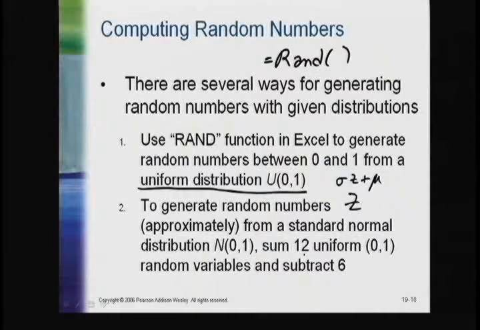If I generate 12 uniform variables, say using the rand function, add them up and subtract 6, then the standard deviation of that sample is 1, and I get an approximate normal. It's not a terrific approximation, but it's a crude, rough and ready approximation.